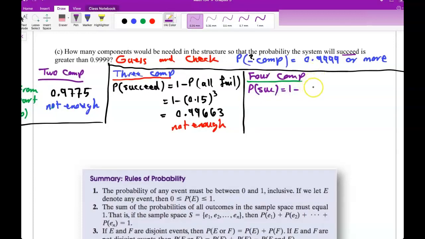Again, 1 minus the probability of all fail. So it's 1 minus, for fail we have 0.15, and since we have 4 components, the power is 4. That is 0.99949. Again, it is not enough.